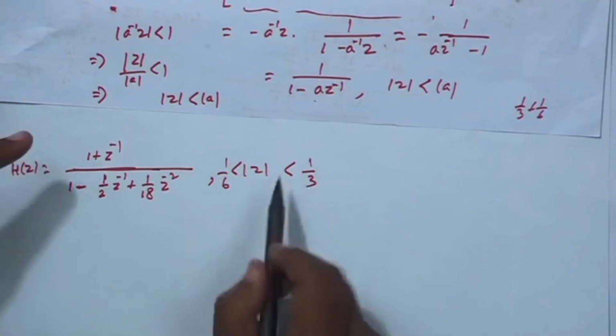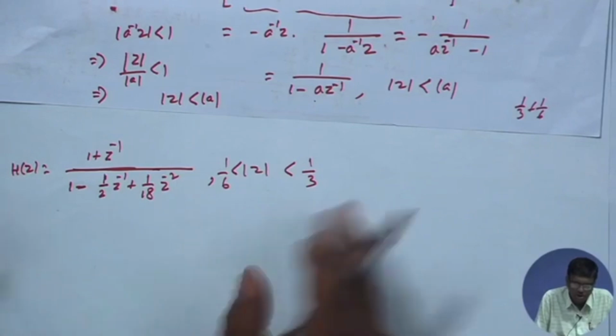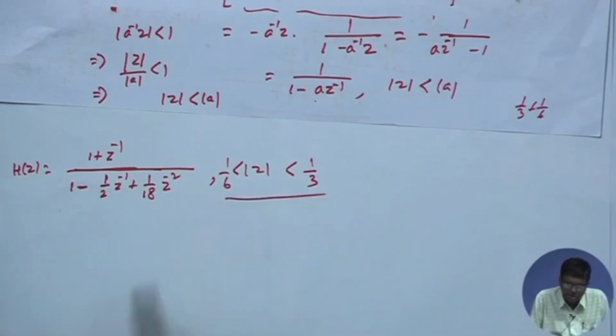In the intermediate region, the region in between the two circles, the ring region, that is the ROC.